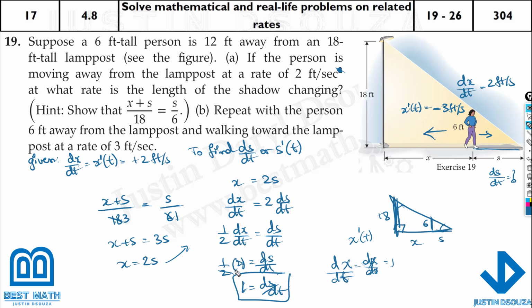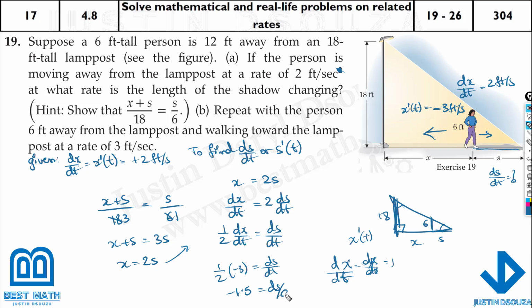Here it's the same situation. All we need to do is change this part only. The new value is half times minus 3 is equal to ds/dt. So it will be negative 1.5 feet per second.